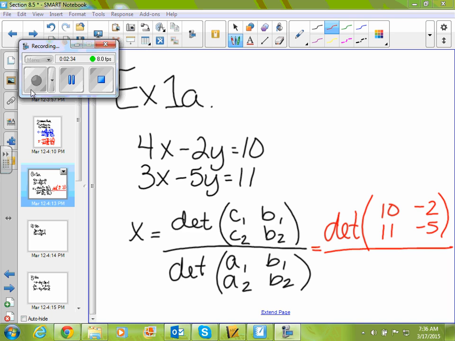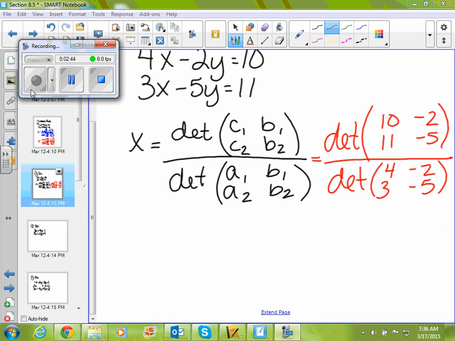And my leading coefficients are 4, negative 2, 3, negative 5. To find determinants of 2 by 2 matrices, which we went over yesterday, you cross multiply. So 10 times negative 5 gives me negative 50. And then you subtract your other cross multiple. So 11 times negative 2 is negative 22.